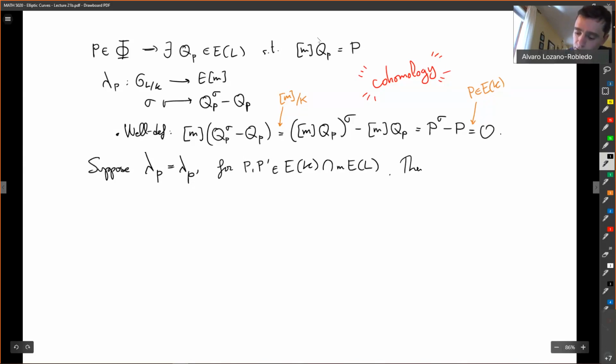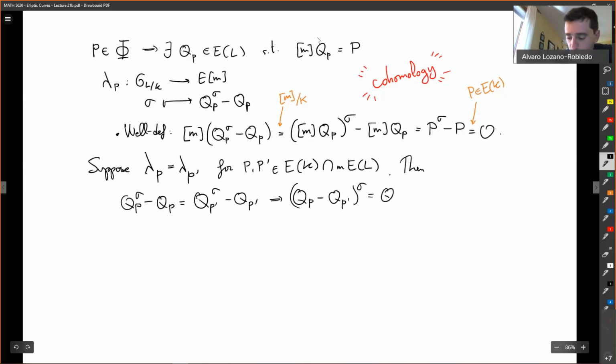Then I would have that QP sigma minus QP is the same as QP prime sigma minus QP prime, which if I rearrange, looks like (QP minus QP prime) sigma equals QP minus QP prime for all sigma.